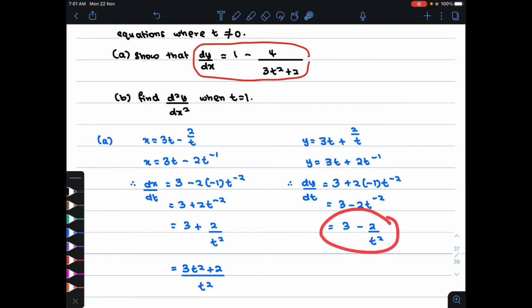And we need to leave this as a single fraction as well. And we will get dy/dt is 3t squared minus 2 over t squared.